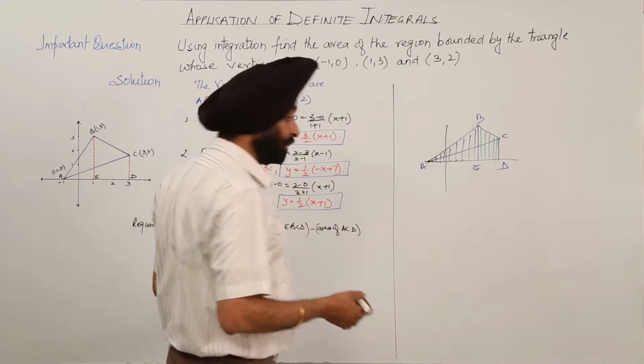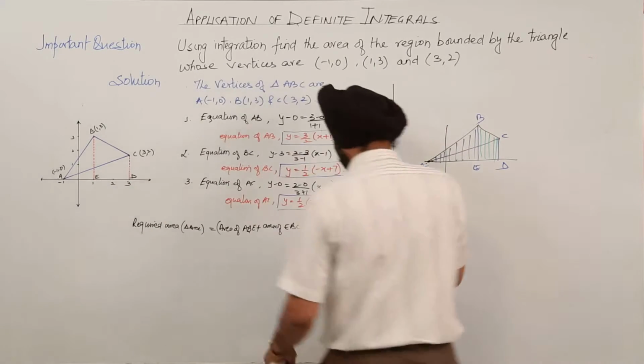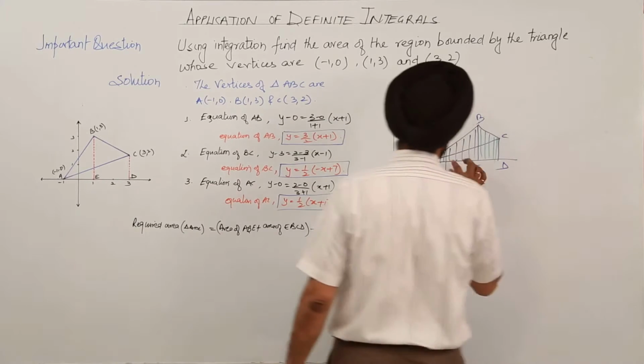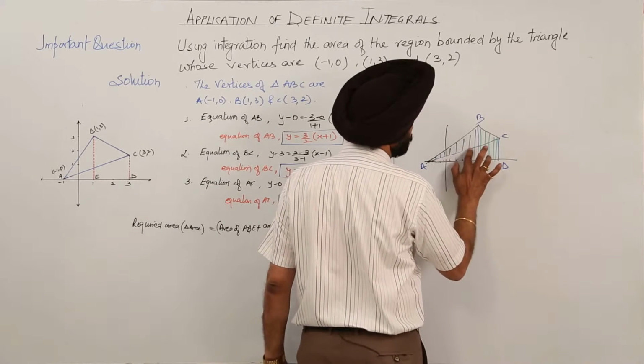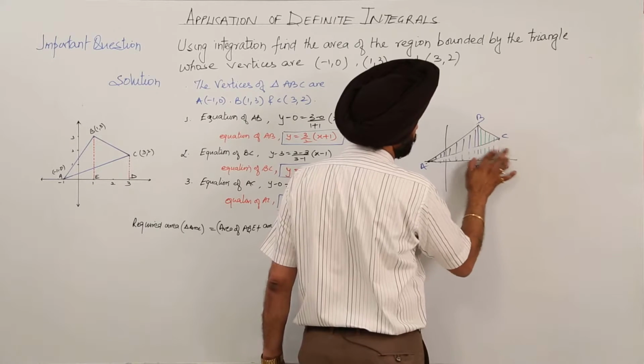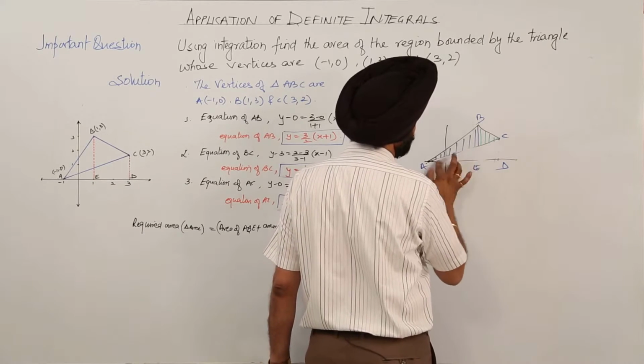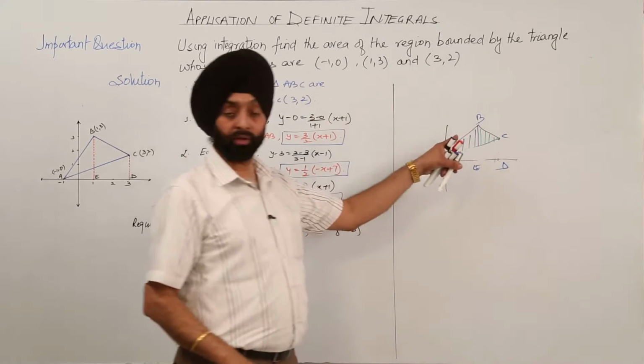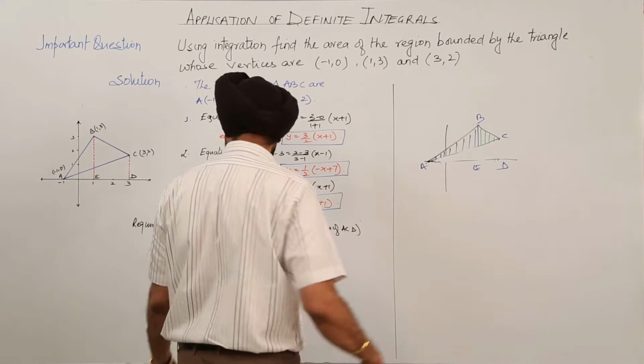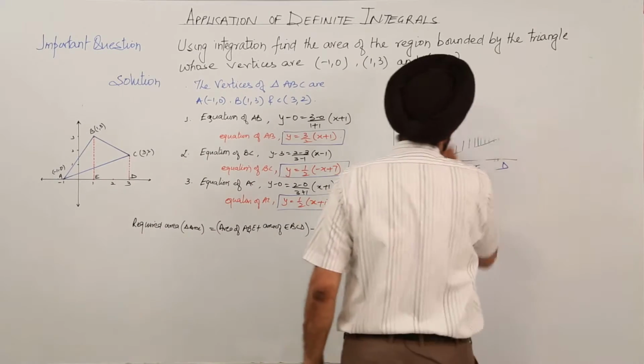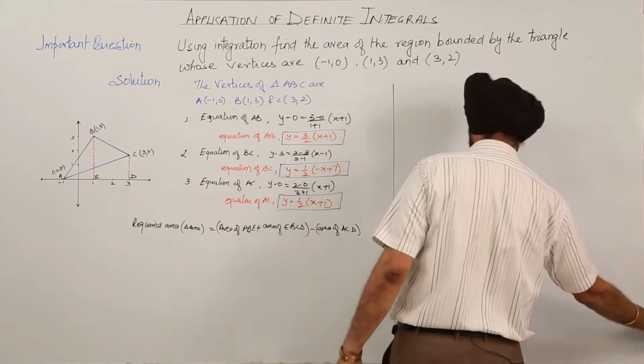Now we have to find the area of triangle ABC, so we subtract the area of ACD. We are just subtracting this part. Now what is left? The area of triangle ABC is left. Is it clear? So that's why we have used it like this.